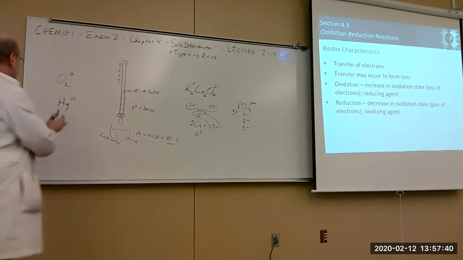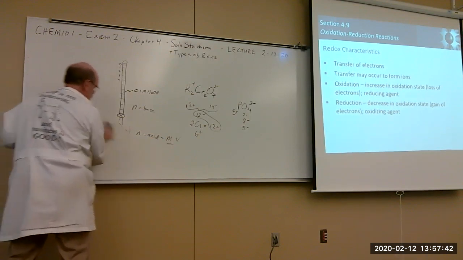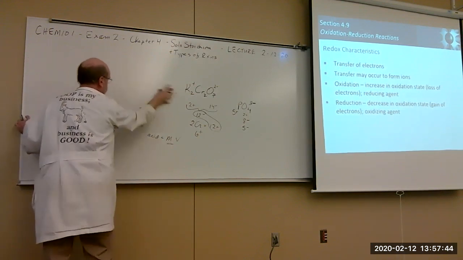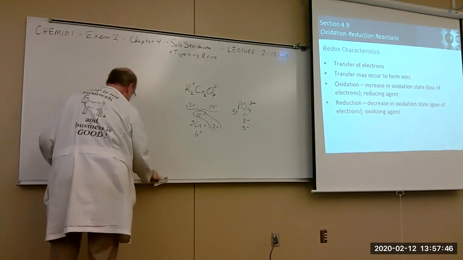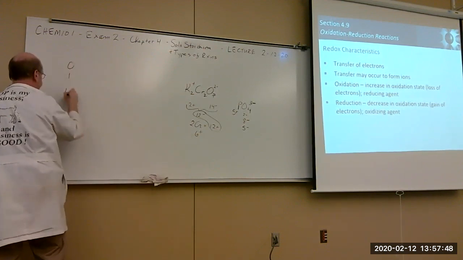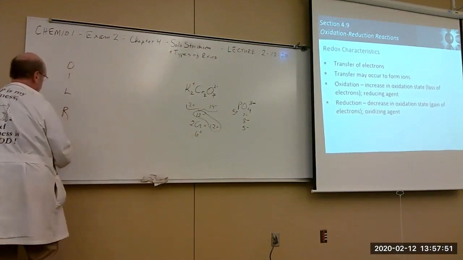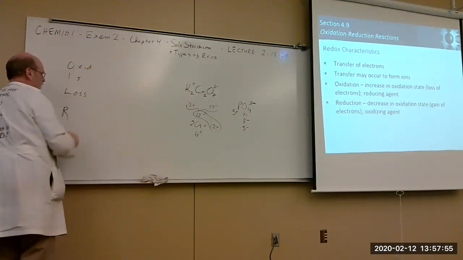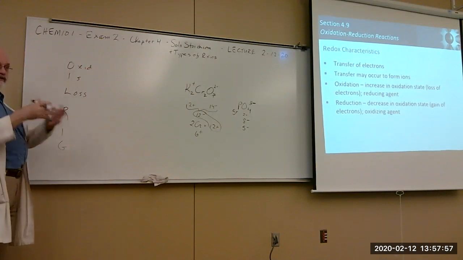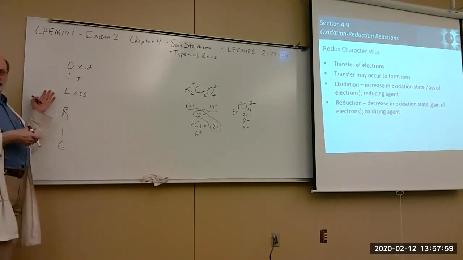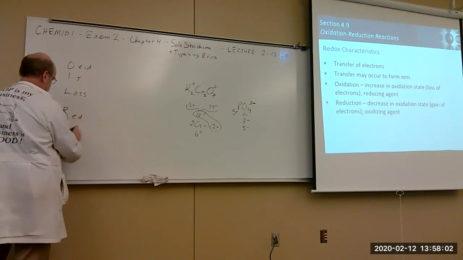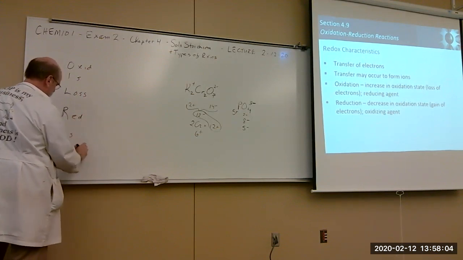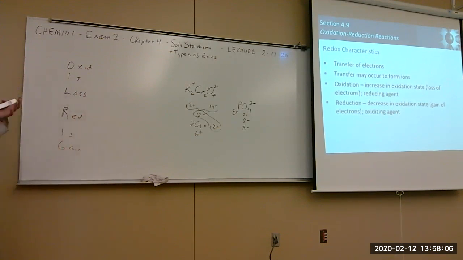So how do you know the difference between oxidation and reduction? Use this acronym. Oxidation is loss. So anytime electrons are lost from a species, it's oxidation. Reduction is gain. So anytime something gains an electron, it's being reduced.